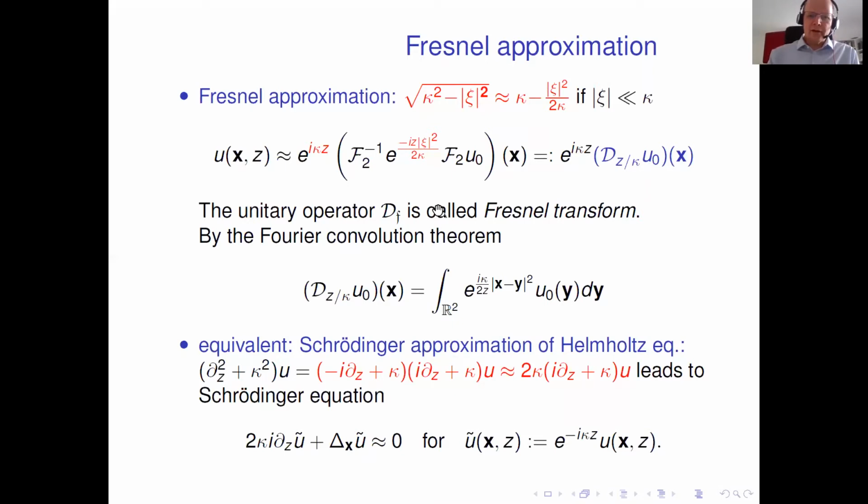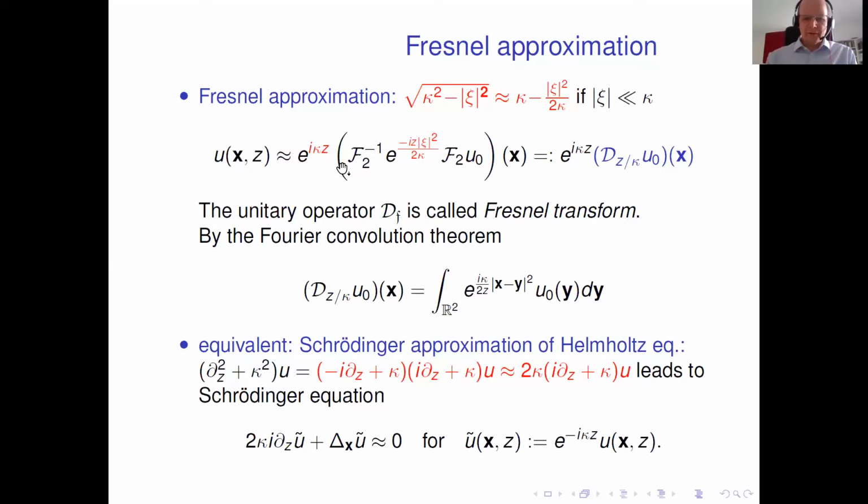And yeah, you can use the Fourier convolution theorem, okay, a bit of mathematical trickery, and you can finally apply this, and then this is a convolution operator. And it turns out this operator is the propagation operator of the Schrödinger equation, I mean actually only this operator here without the e^{ikz}.